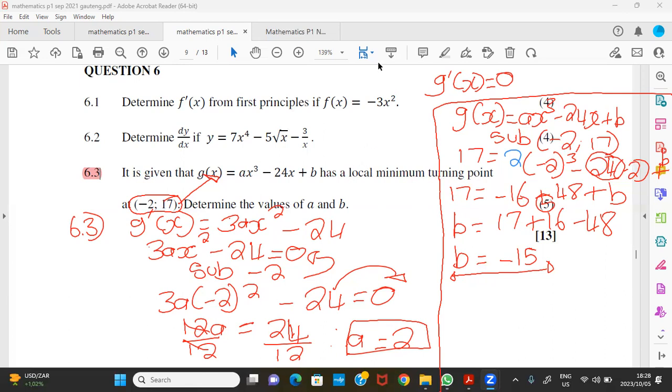When we say our first derivative is equal to 0, it gives us both the minimum turning point and the maximum turning point, you know. So if they had replaced minimum with maximum, you would have had to use the very same steps.